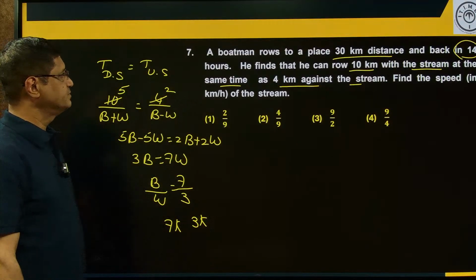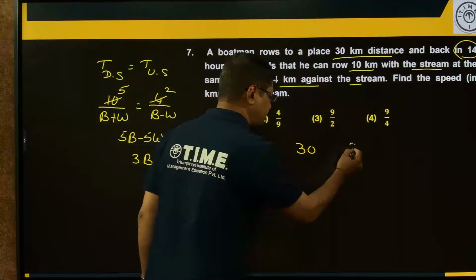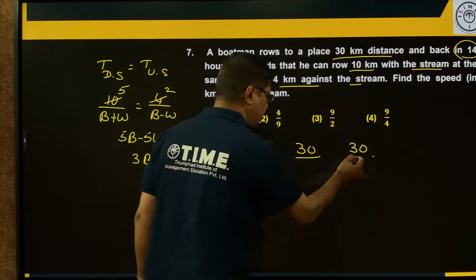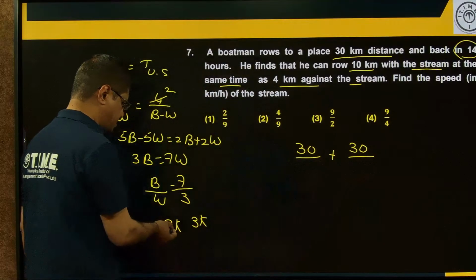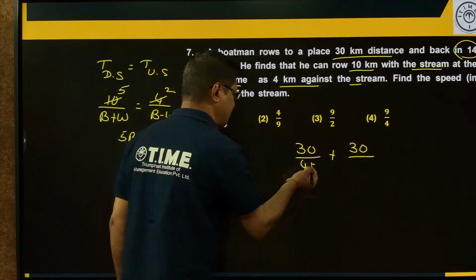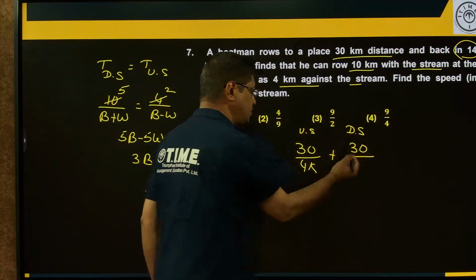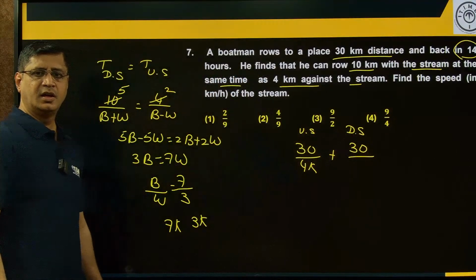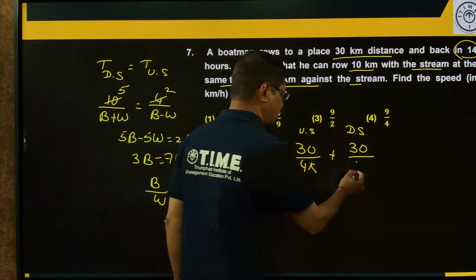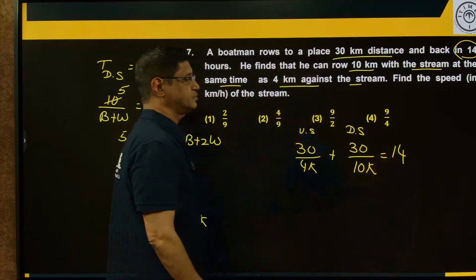What to find? 30 km upstream and 30 km downstream. Upstream is 7 minus 3, that is 4K. This is the upstream. And downstream is 7K plus 3K, that is 10K, which is equal to total time 14 hours.